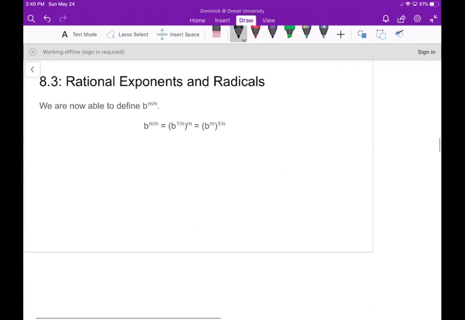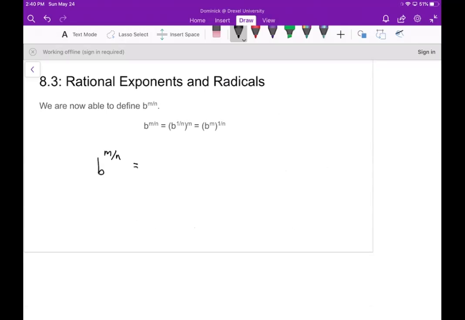Okay, so now we are able to talk about what we mean by any fractional exponent, right? So if we have something like b to the m over n, where m and n are both just numbers, so any fraction that you can think of, there are 2 ways that you can think about this.